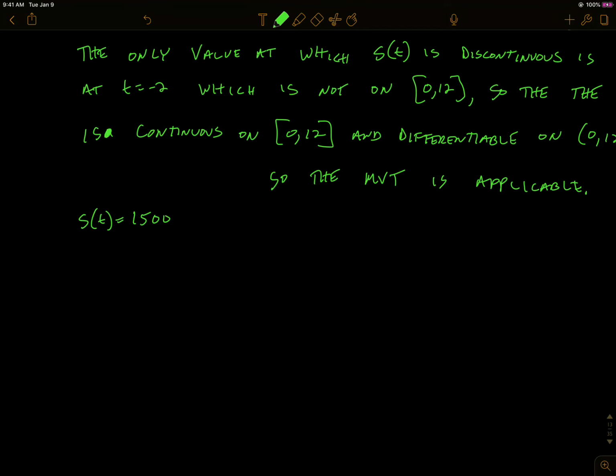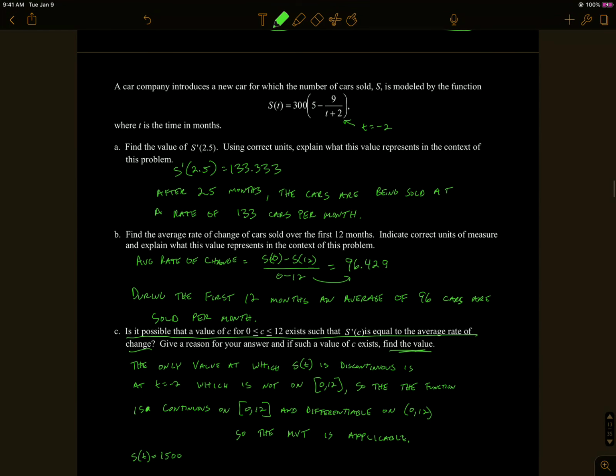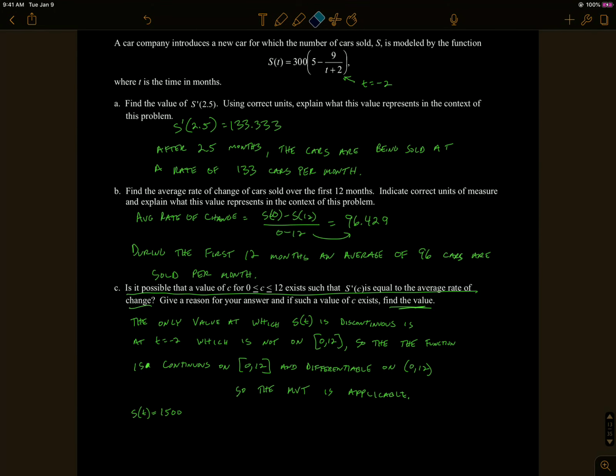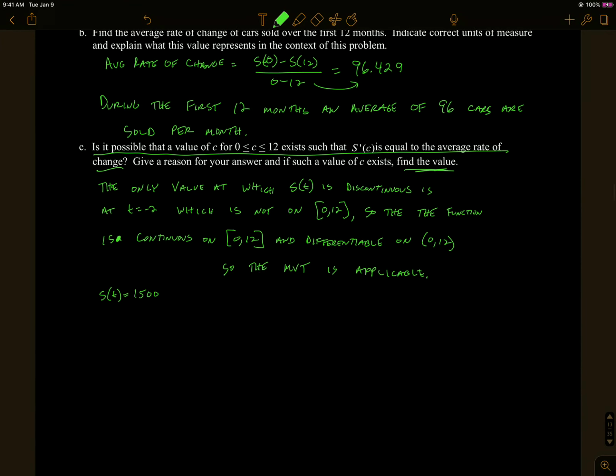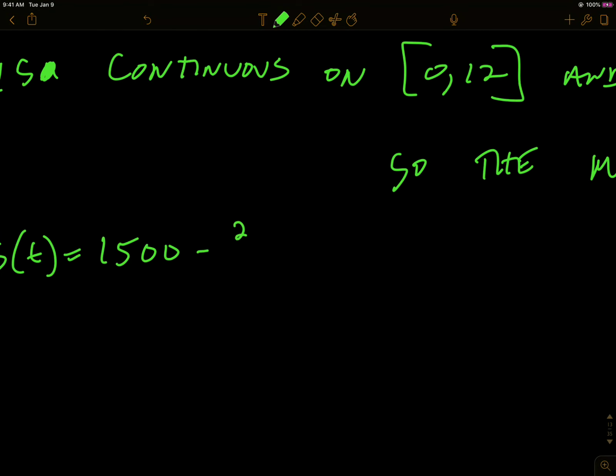It's 1500... what was it? Sorry. I'm going to multiply out the 300 to distribute it. We got 1500 minus 2700 over t plus 2.